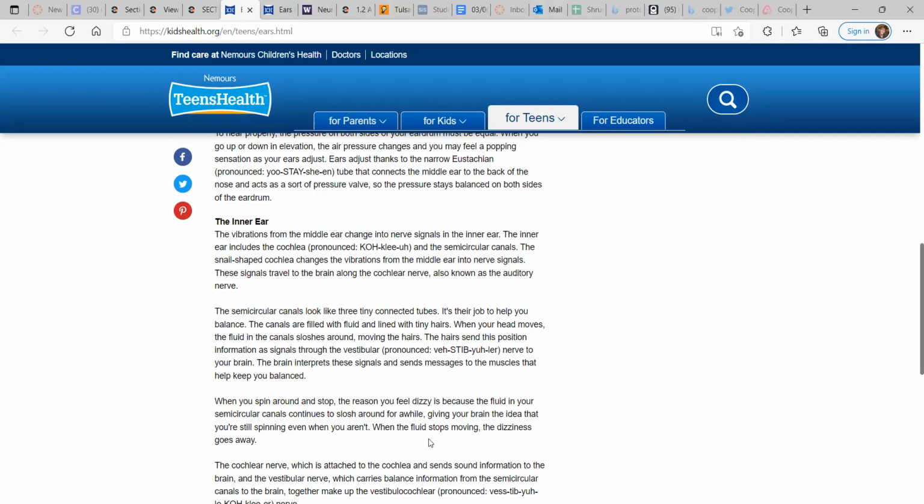The canals are filled with fluid and lined with those tiny little hairs, and when your head moves, the fluid in the canals sloshes around, moving those hairs. And then the hairs send this position information as signals through the vestibular nerve to your brain. And your brain interprets these signals and sends messages to the muscles that help keep you balanced.